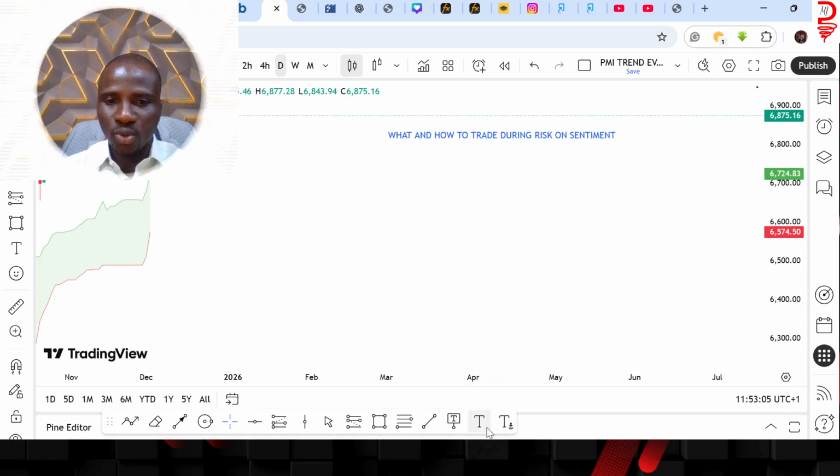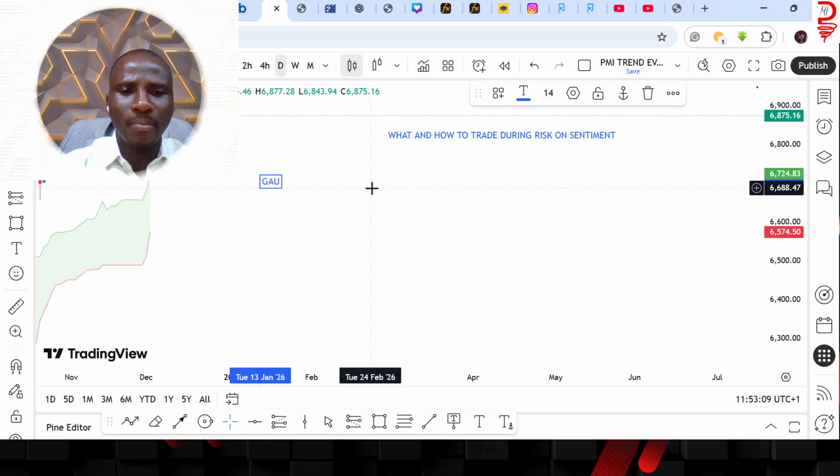So, I'm going to do that very quickly. These are gauges or indices for risk on sentiment.